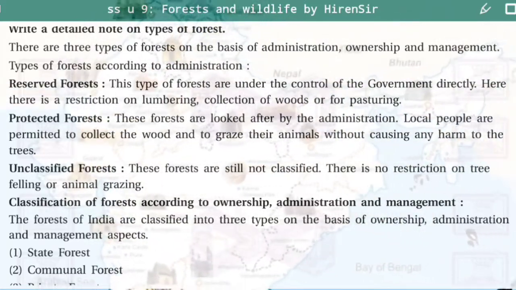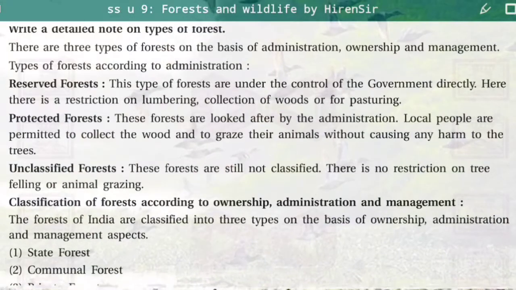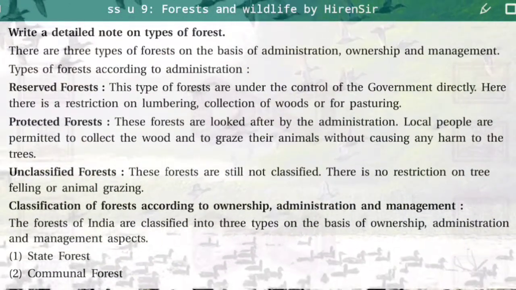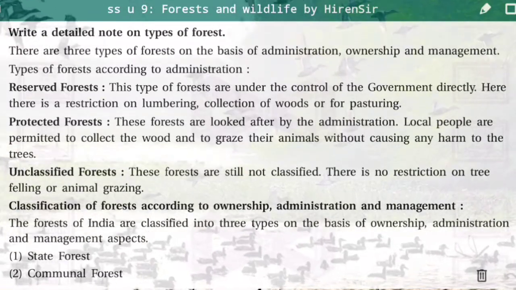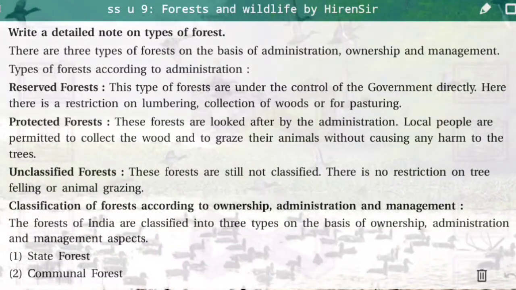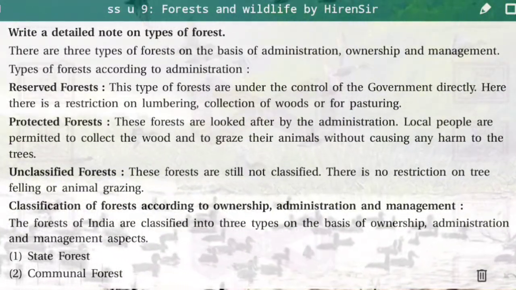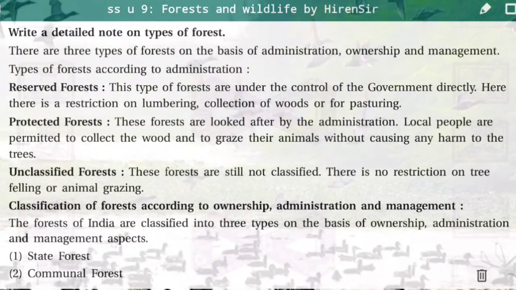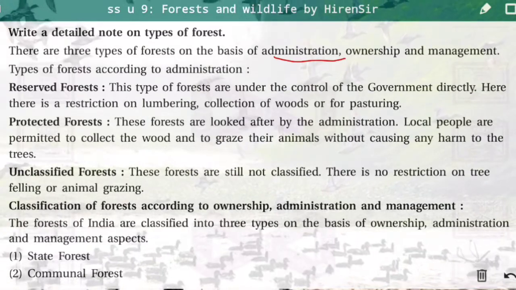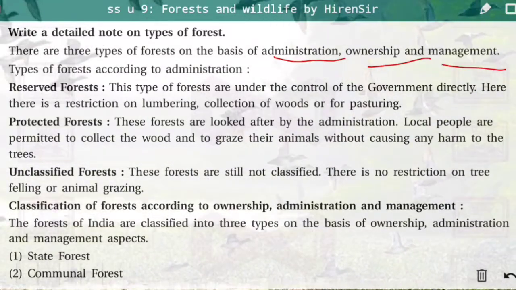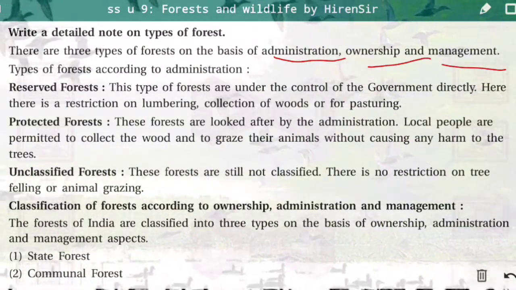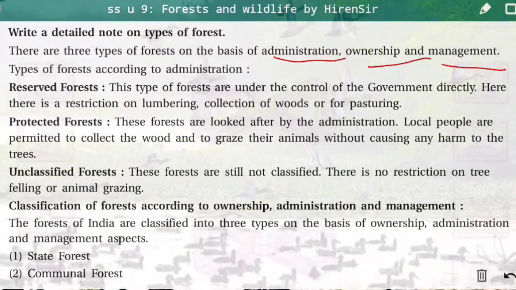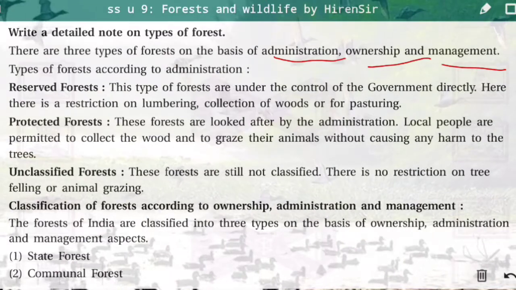Now we shall discuss the classification of the forest, or another way, a short note on the classification of the forest. There are three types of forest on the basis of administration, ownership and management: reserved forest, protected forest, and unclassified forest.